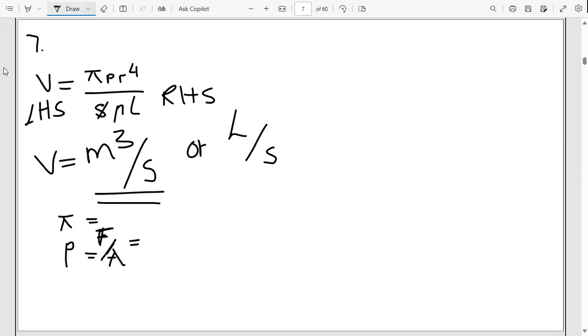So this is going to lead into what? Force has SI units of newtons, whilst area has SI units of what? Meter squared. And a newton can also equate to what?